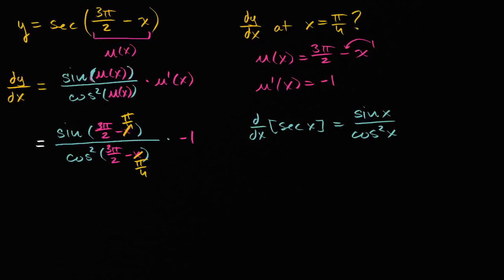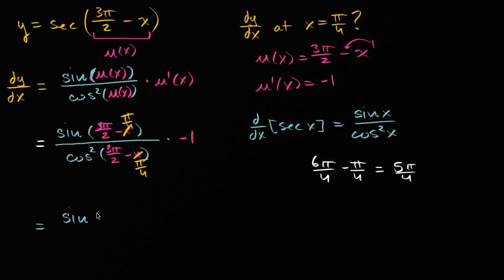So let's see, this is going to be equal to sine of, what's 3 pi over 2 minus pi over 4? I'll do that over here. If you have a common denominator, 3 pi over 2 is 6 pi over 4. Minus pi over 4 is equal to 5 pi over 4.